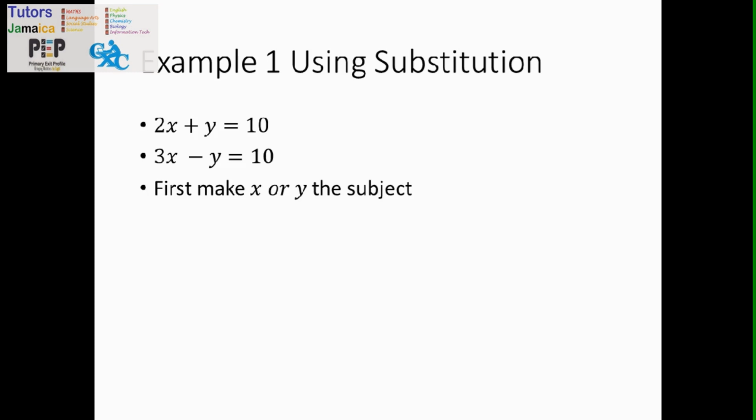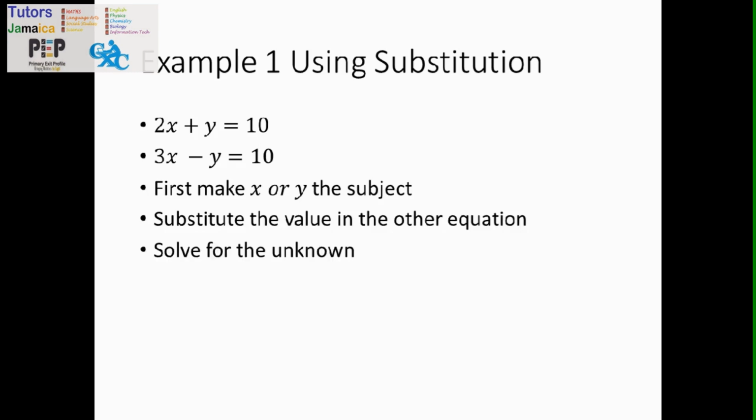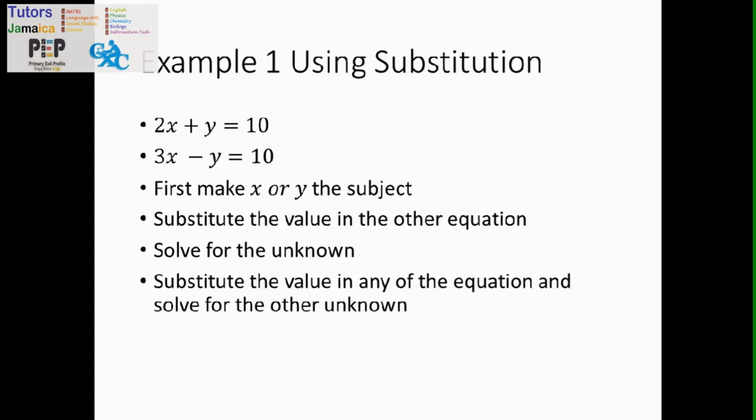First we have to make either x or y the subject. Then we substitute the value into the other equation, solve for the unknown, substitute that value into any of the equations, and then solve for the other unknown. So let's go ahead and do that.